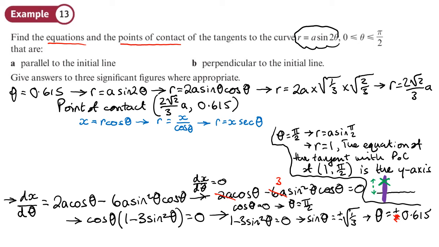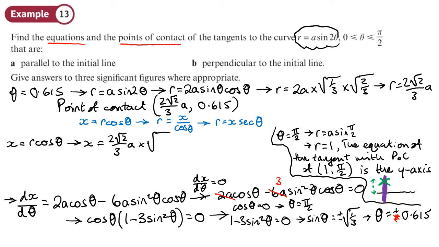So we know that x equals r cos theta. Now we know r and theta from the point of contact. So r is 2√2 over 3 a, and that needs to be times by cos theta. Now I've rubbed it out, but we did have the exact value of cos theta, which was √2/3.